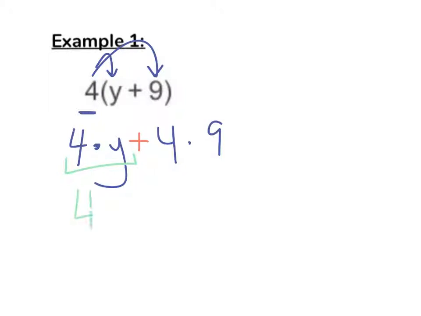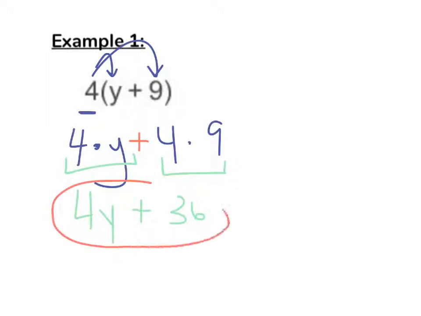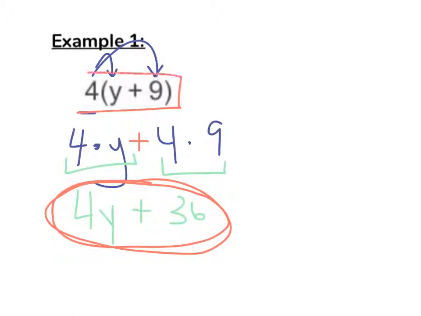4 times y is 4y. 4 times 9 is 36. And then we put our addition sign in between. We cannot combine this anymore because we do not know what y is equal to. So this is our equivalent expression: 4 times y plus 9 is equivalent to 4y plus 36.